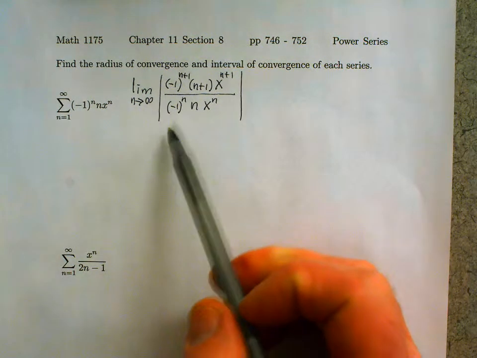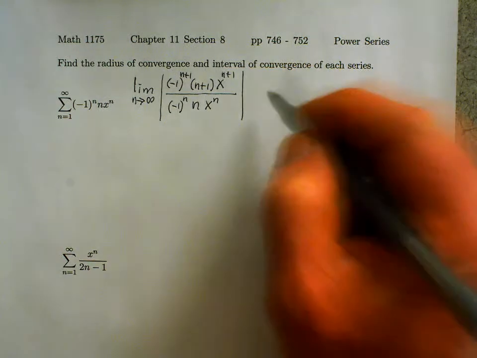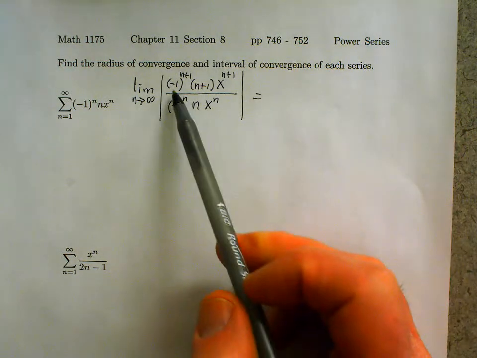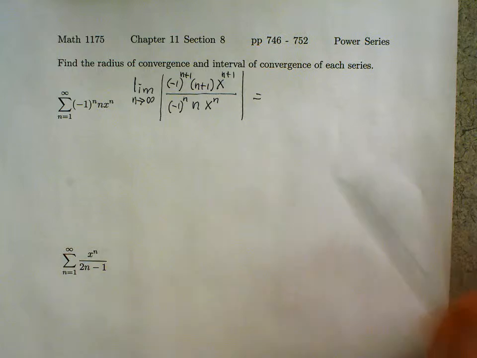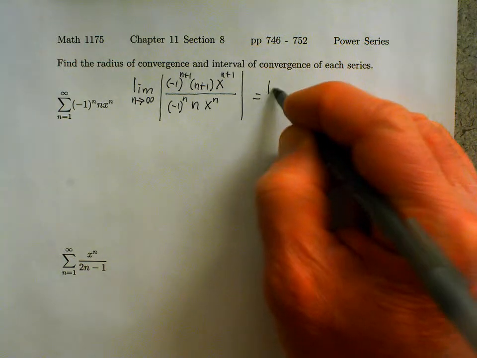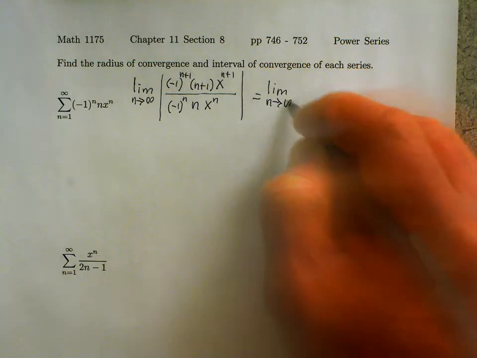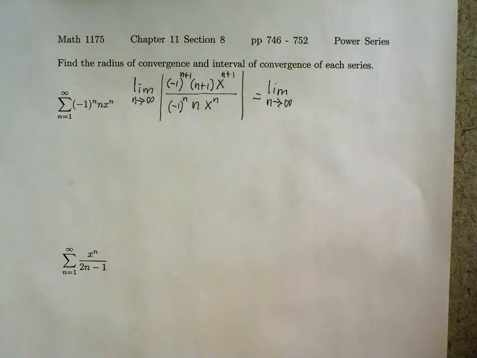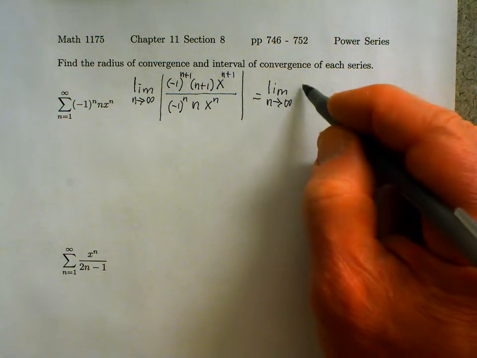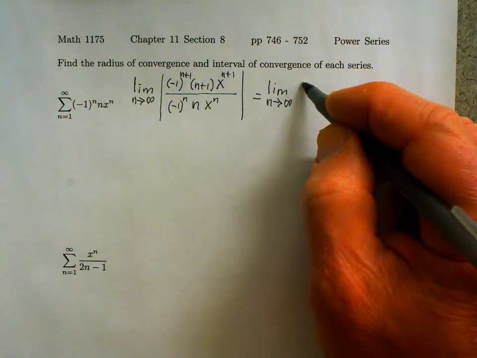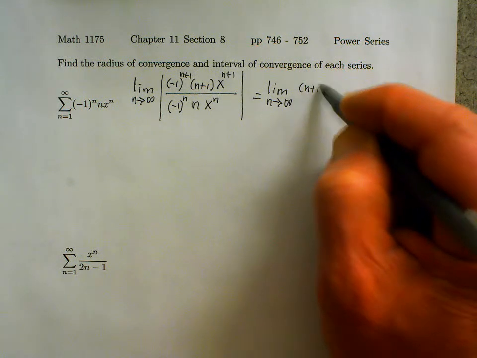When we apply the absolute values, we can get rid of the (-1) exponents. So we'll have n plus 1.